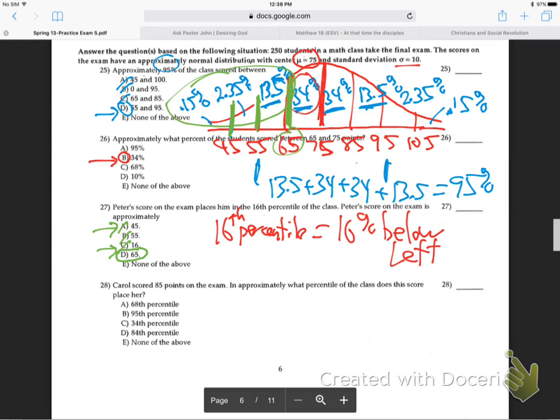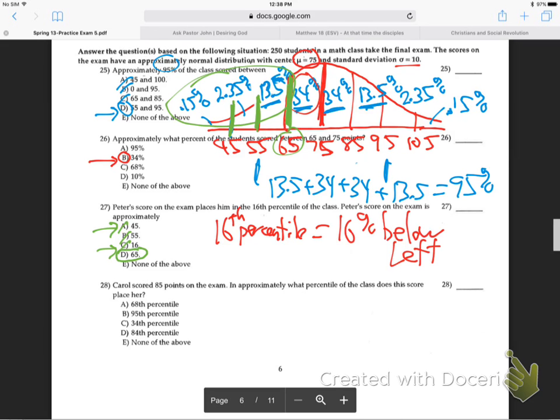He would be at the 16th percentile. Does that make sense? Percent below, percent to the left. Notice how all the percentages are up in the curve, so the numbers on the bottom are the non-percentages. So when they tell us 16th percentile, we look for 16% to the left on the curve, and we find the number on the bottom that corresponds with that, 65.